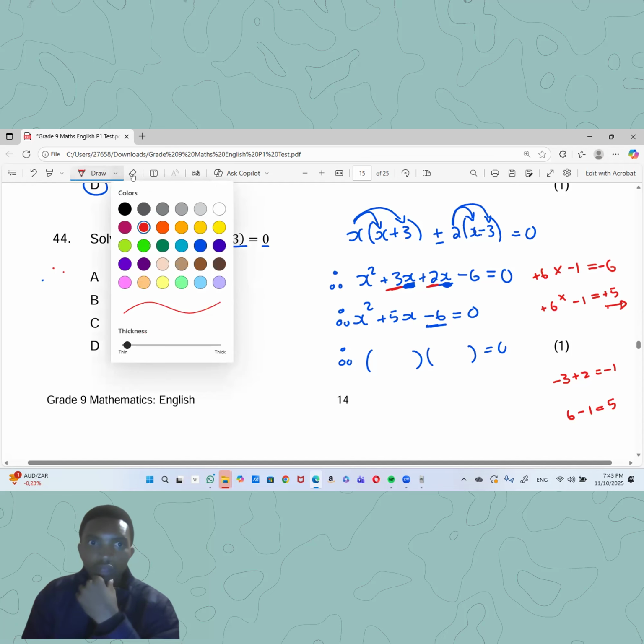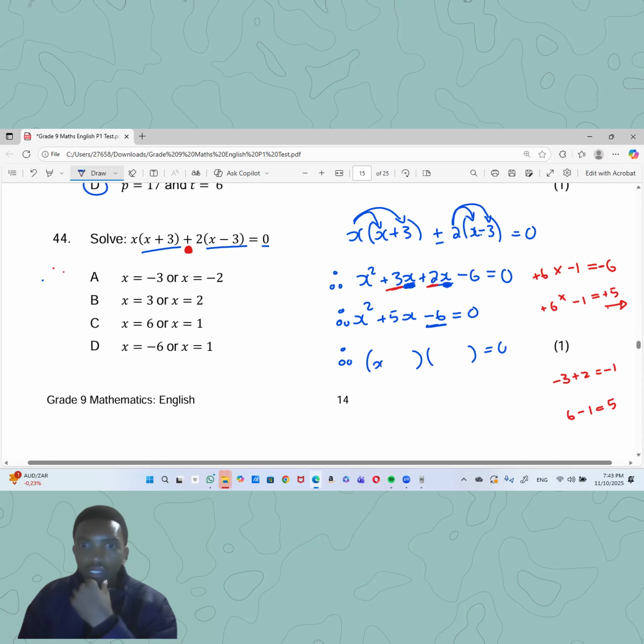So we're going to have x and x, then we have plus 6 and minus 1. So finally now we have two brackets. They're equal to how much? To 0, right? Can we now say this bracket is equal to 0 and that bracket is equal to 0? Yes, we can.